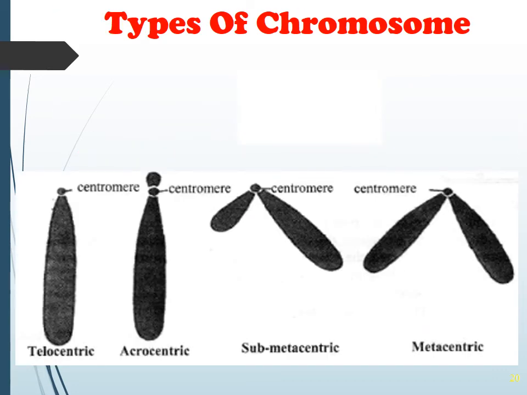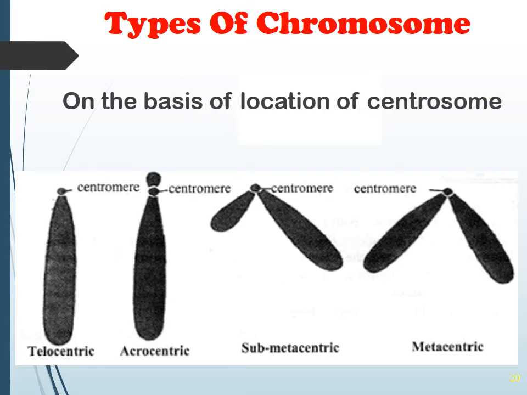These are the types of chromosome based on the location of the centromere. This is again extra information, but good to know. If you see here, the centromere is exactly at the center of the two sister chromatids. If the centromere is exactly at the center, we call it a metacentric chromosome.